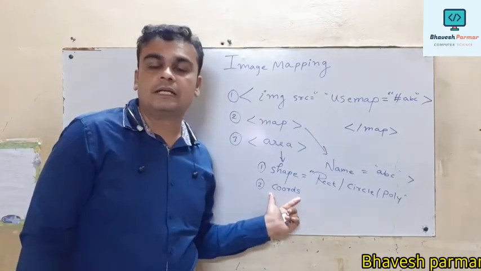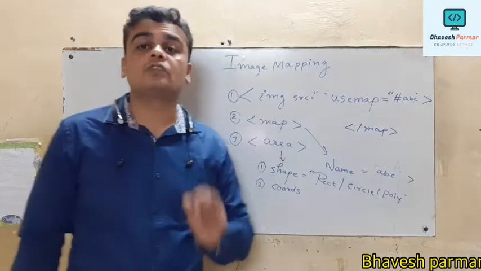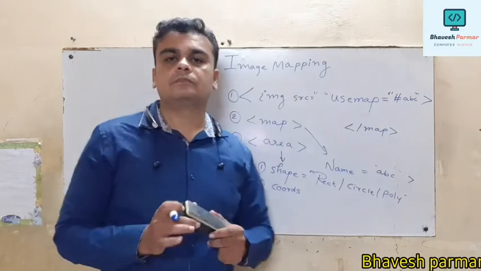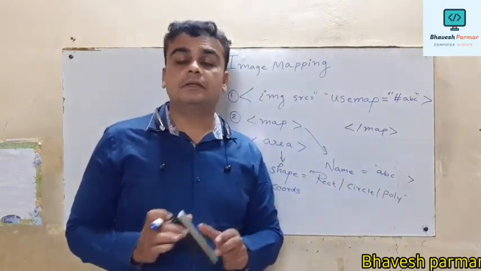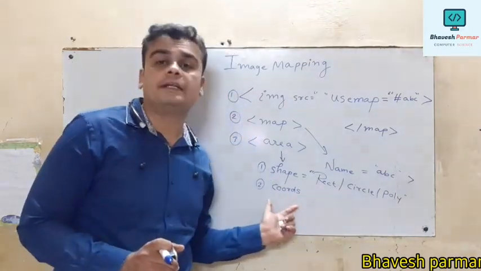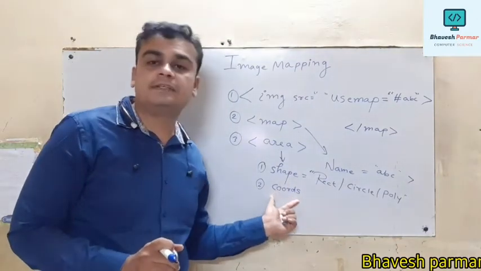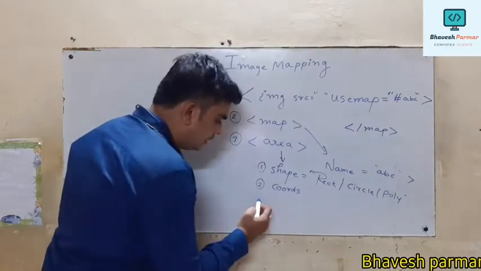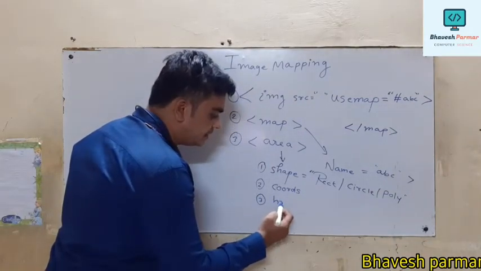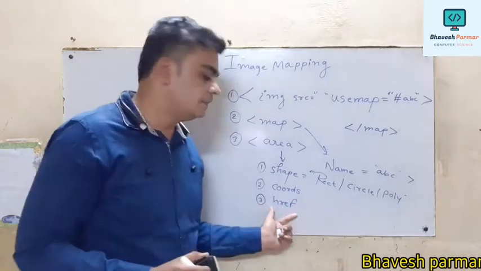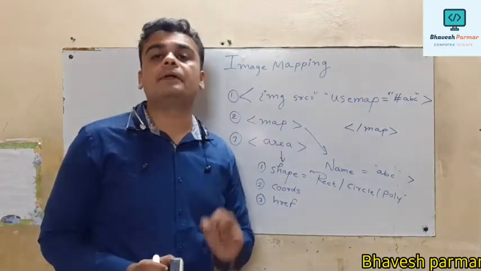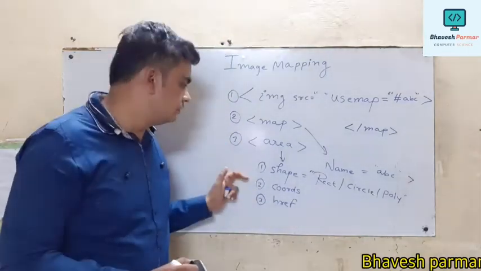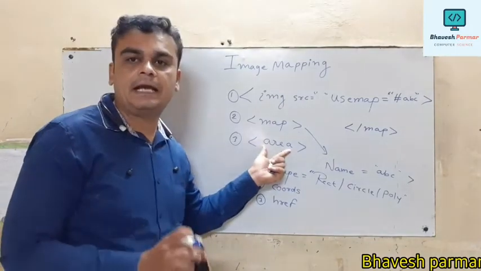Absolutely, guys, COORDS represents coordinates. When we draw a particular geometric shape on a computer, it definitely consists of some coordinates, and those coordinates are represented by the COORDS attribute. Thereafter, the next attribute is HREF, which represents hypertext reference. So these are the three basic attributes widely used by the area tag.